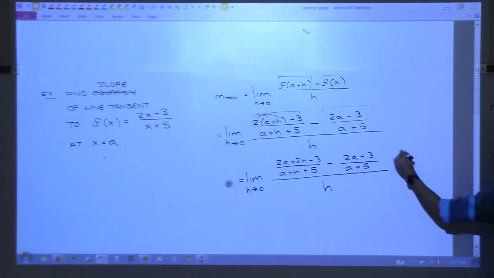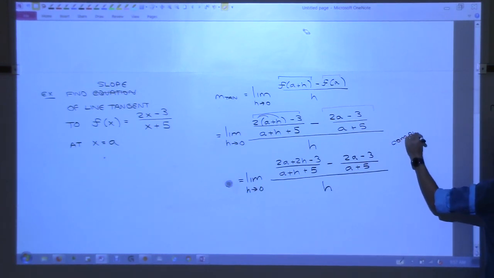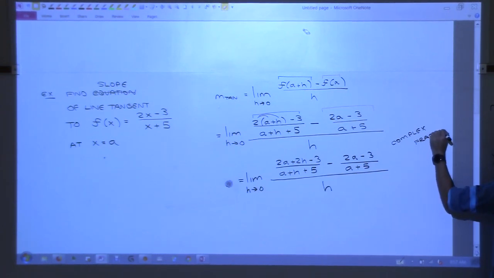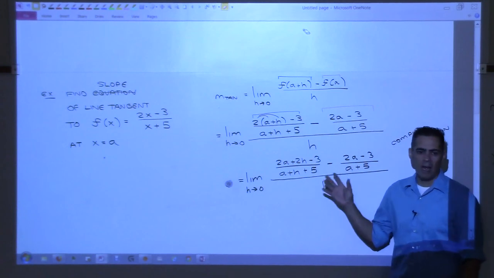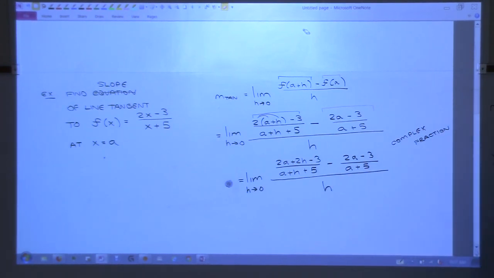Now this is what we call a complex fraction. It has nothing to do with complex numbers, okay? It's just a fraction that is complicated, complex, because it's fractions within fractions.